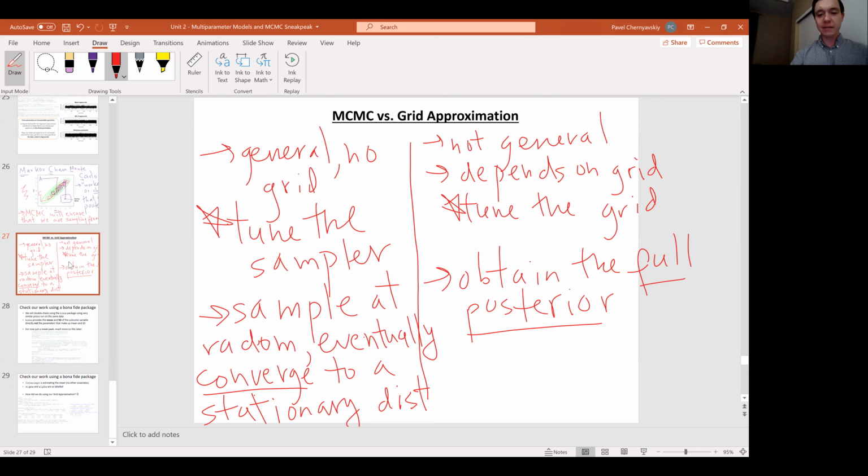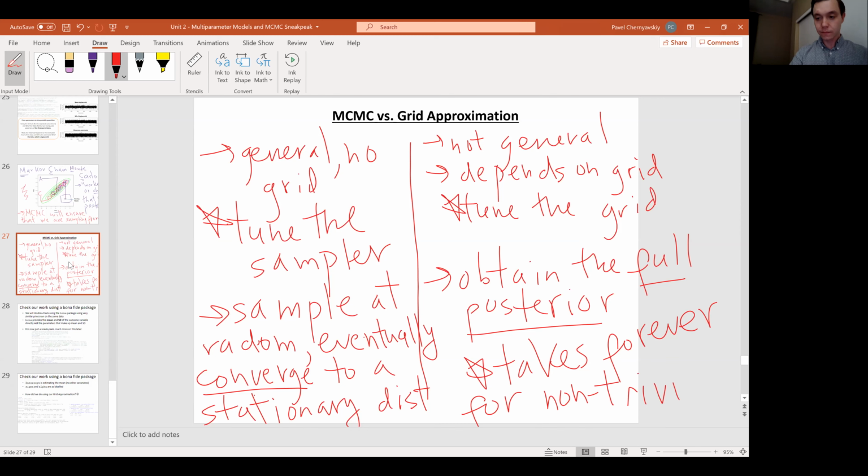The issue with grid approximation, of course, is it takes forever to evaluate it at enough grid points for any non-trivial case.